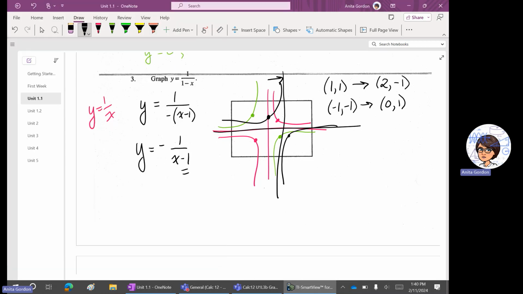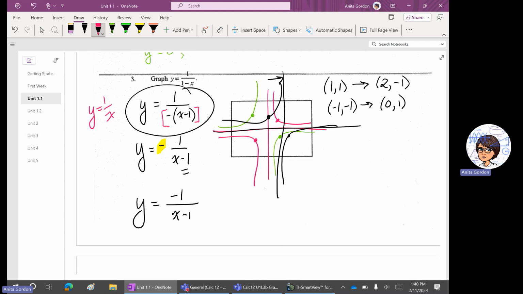Oh, key point here. When we have a function with a negative on the outside, my default is to put the negative with the top number, or you can leave it like this and have it in the bottom, but then when you type it into your calculator, you're going to need extra brackets like this, which then makes it a little bit messy.